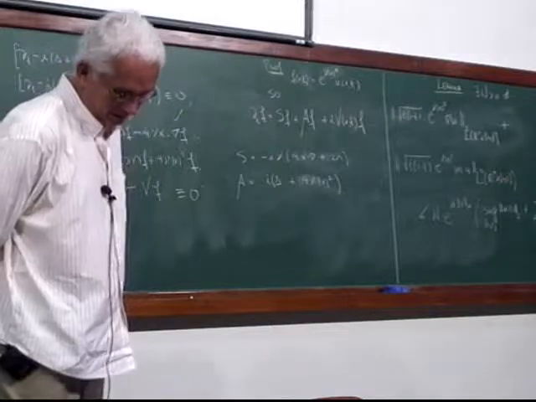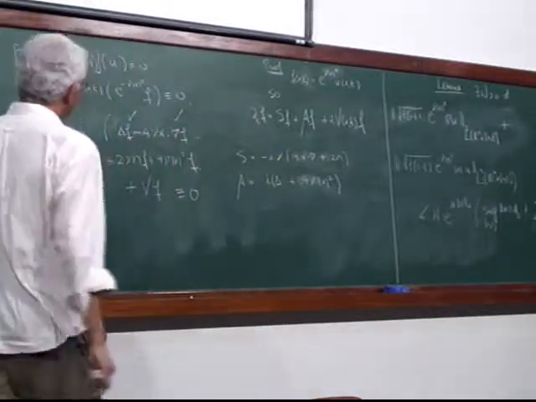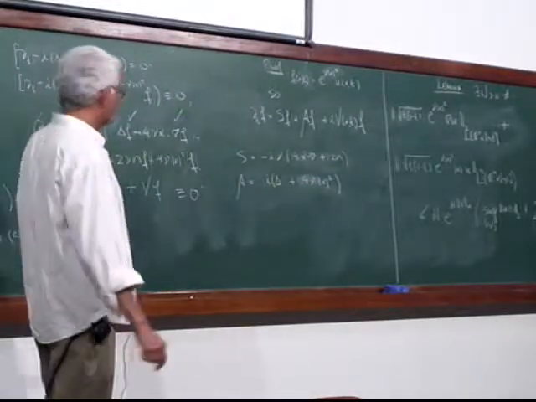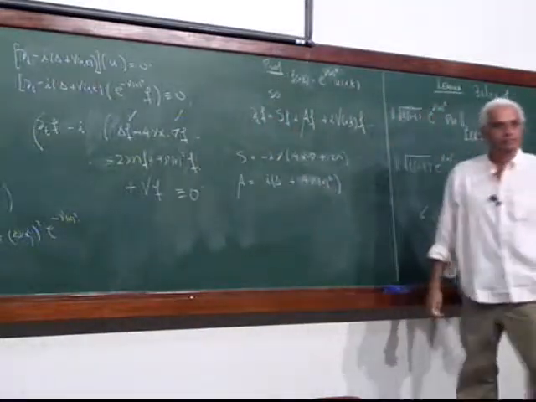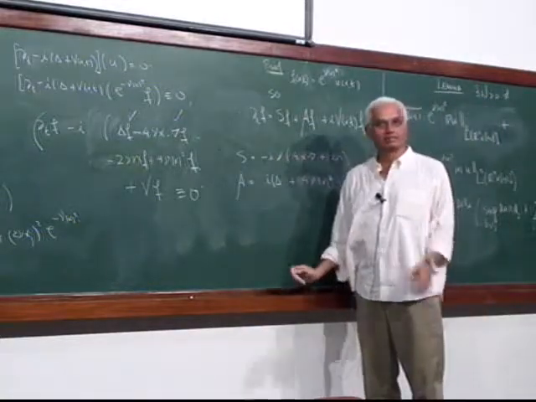I have it plus. It's a minus on this side. When you pass to the other side, it's a plus. Then it's okay. We satisfy that. Is this okay, that this is the equation that f satisfies?